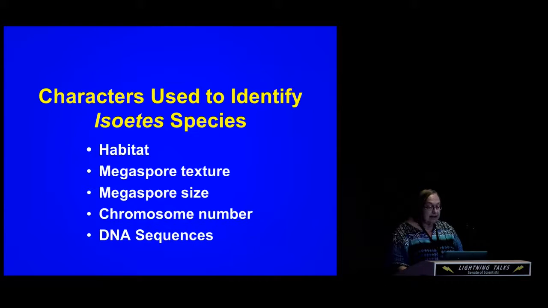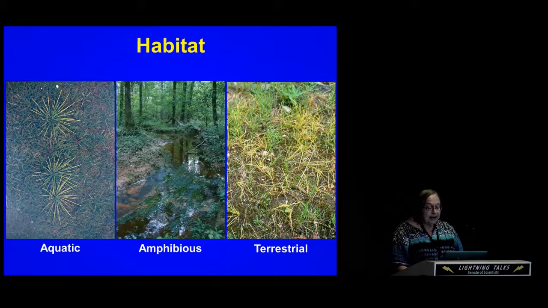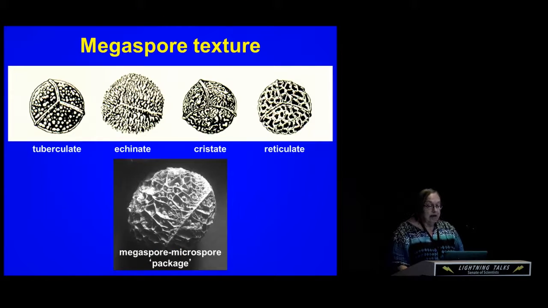In order to identify Isoetaceae species, people have used habitat, megaspore texture, megaspore size, chromosome number, and DNA sequences. So there is some variety of habitat: there are aquatic, amphibious, and terrestrial Isoetaceae. And the megaspore texture varies in sort of four typical types.